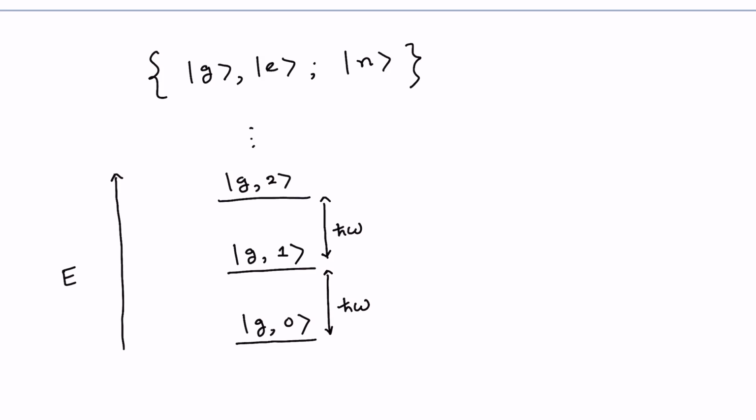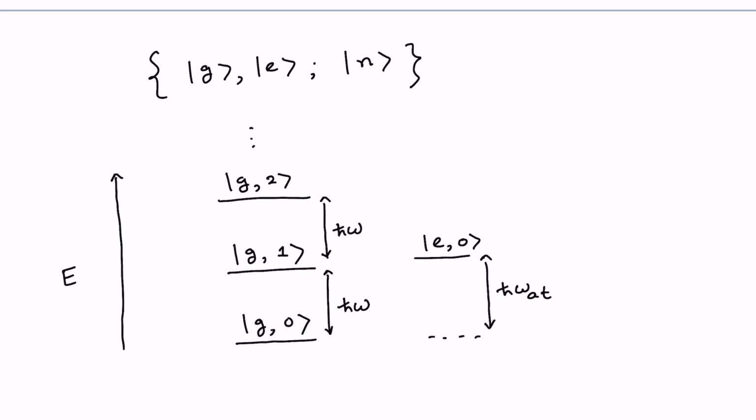Or what we can have is that the atom is in the excited state and there is no quanta in the field mode, then we are going to have the energy level |e,0> here, and this is different from the ground state of the other harmonic ladder by h cross omega atom.